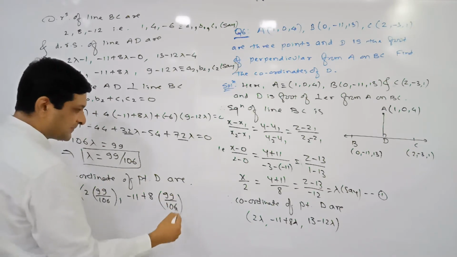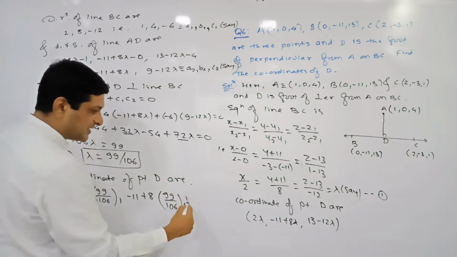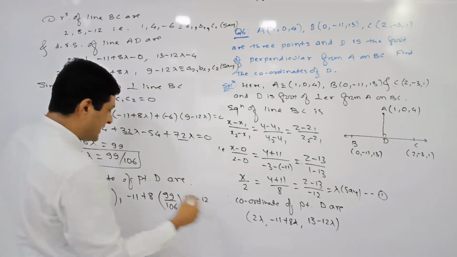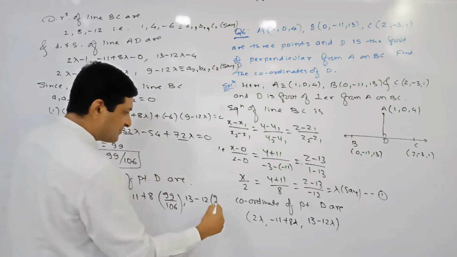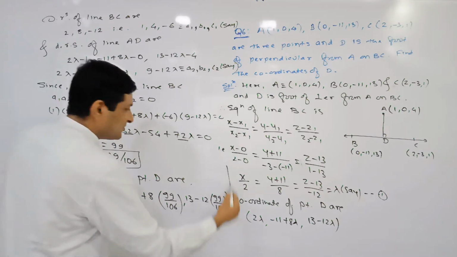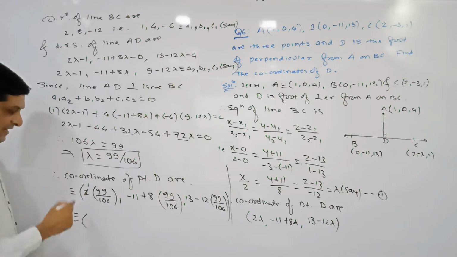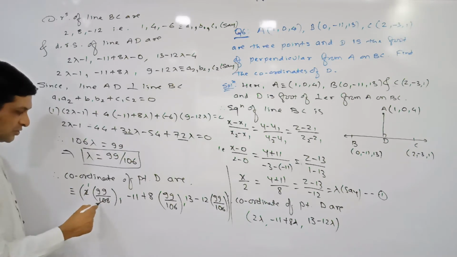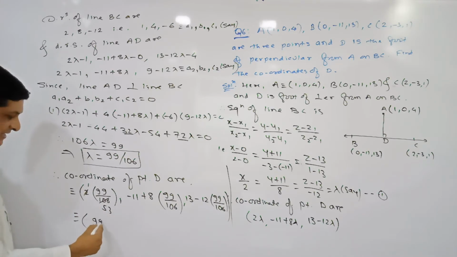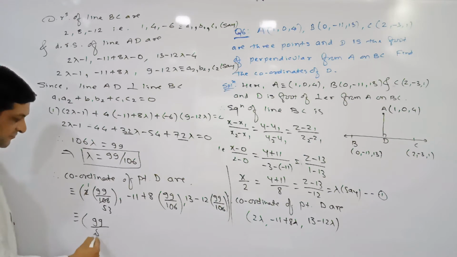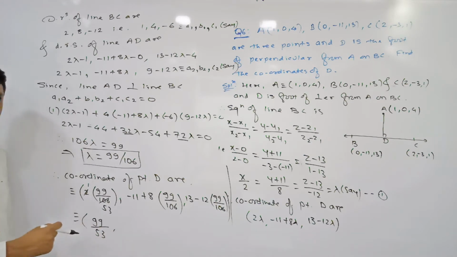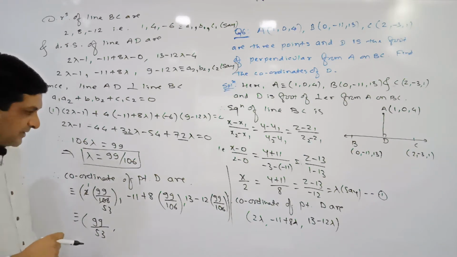And lastly the z coordinate is 13 minus 12 lambda, again with lambda 99 upon 106. Let us simplify: 2 ones are and 2 53s are, so we get 99 upon 53 as the x coordinate.